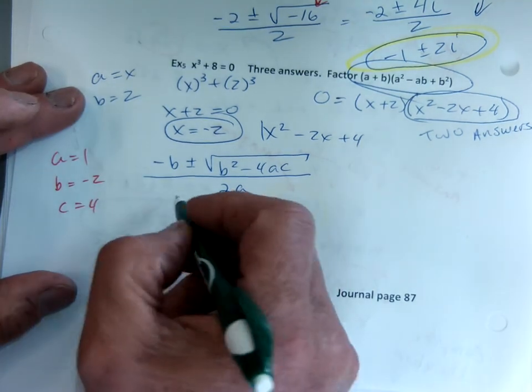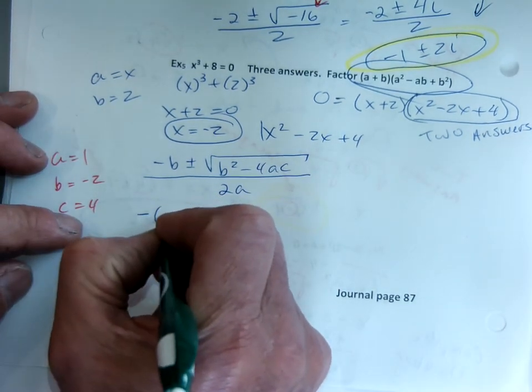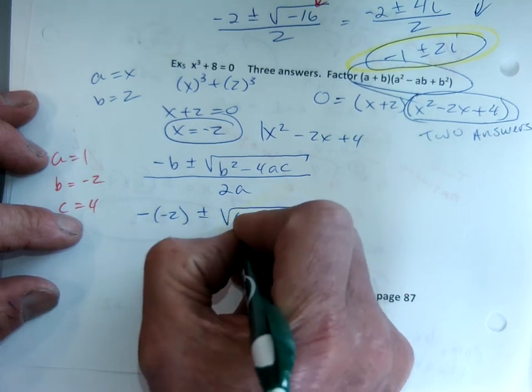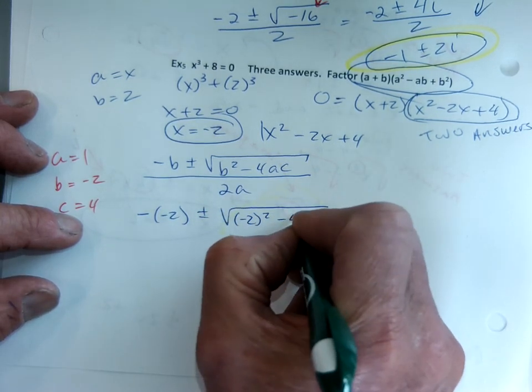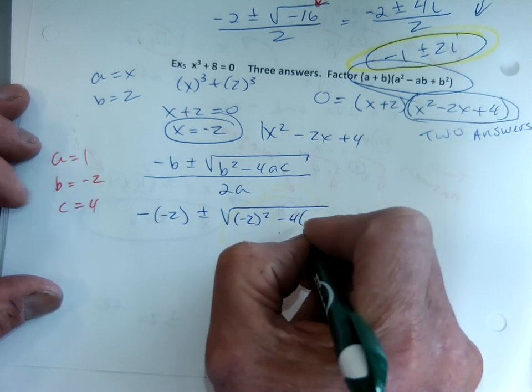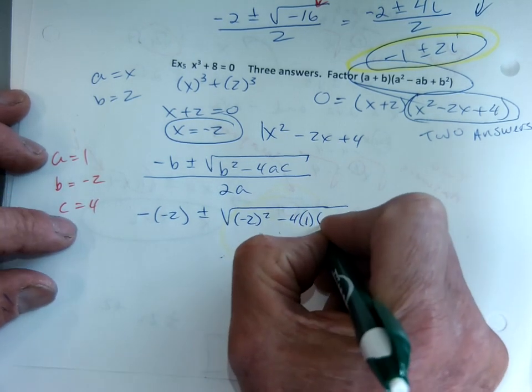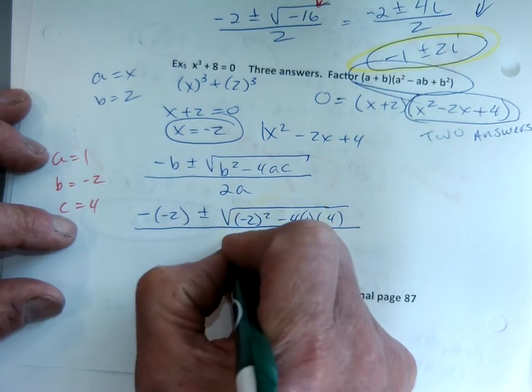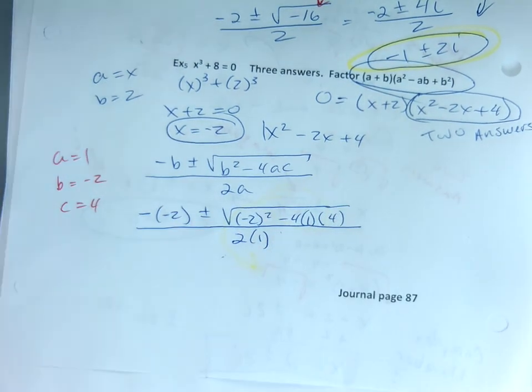So to plug, I'll go negative, negative 2, plus or minus the square root of negative 2 squared minus 4 times 1 times 4, all over 2 times 1. So I've plugged, now I'm going to chug. But I'll wait for you, okay?